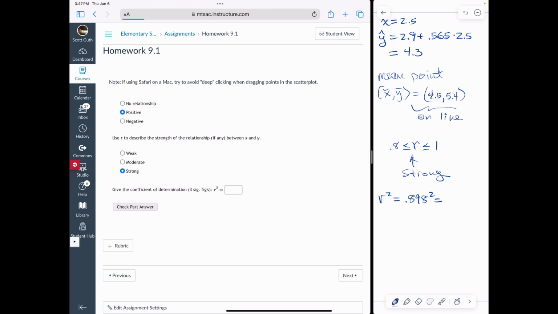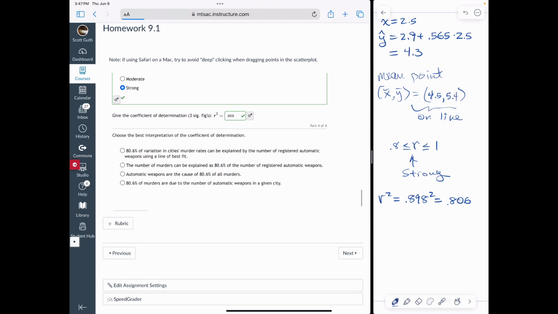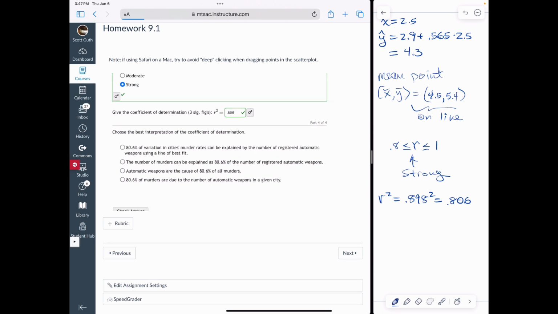And so that comes out to about 0.806. I'm going to check and see if that works okay. I'm squaring a value that I already rounded, so that's what I'm nervous about. 0.806, we'll check that. Yeah, it's okay. So the machine was looking for a 0.806 there, so we're all good.